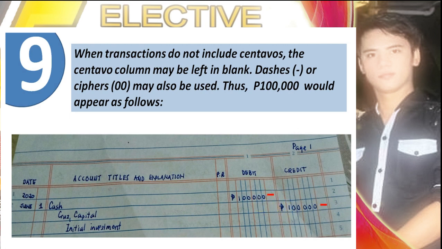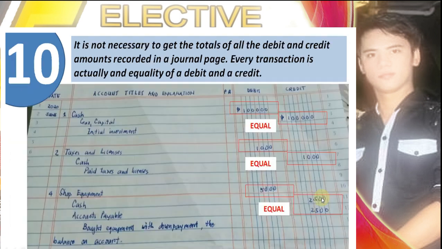What if there are centavos? You write them here, in this column. And then, number 10, it is not necessary to get the totals of all the debit and credit amounts recorded in a journal page. Every transaction is actually an equality of a debit and a credit. This is our debit column, and this is our credit column.